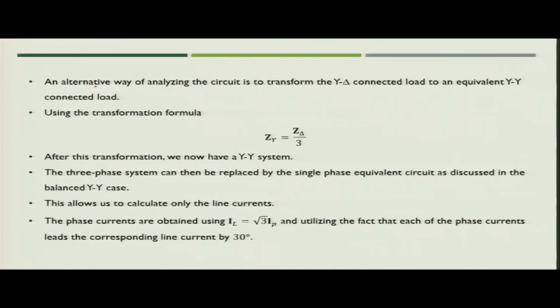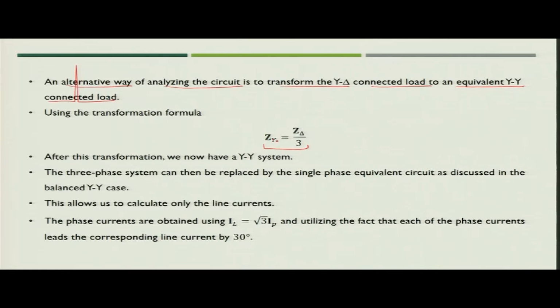Now, there is an alternate way also to analyze the circuit: to transform star delta connected load to equivalent star star connection. So, in that case what you have to do? You have to convert delta connected load into equivalent star connected load, which we can do with the help of a star delta transformation.